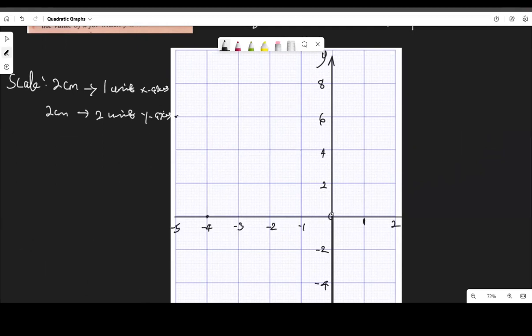Look, this point is 0, and this line is the x-axis. So when x is negative 4, y is 0. This is this big line here, which is the x-axis. This is 0 for y, because 0, 1, 2, 3, 4, and so it goes like that.